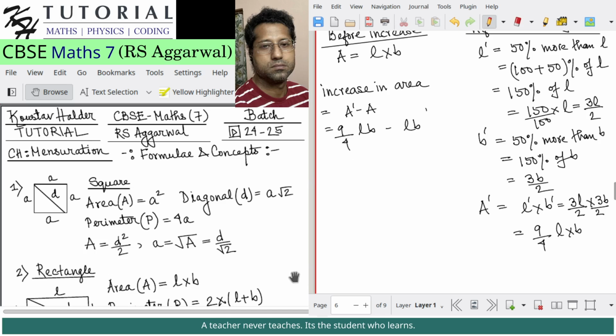LB means L into B. This is equal to, after simplifying, 5 LB by 4. Okay. This is the increase in area.